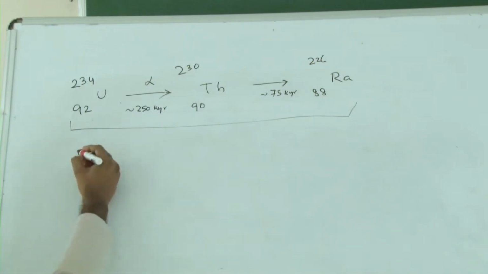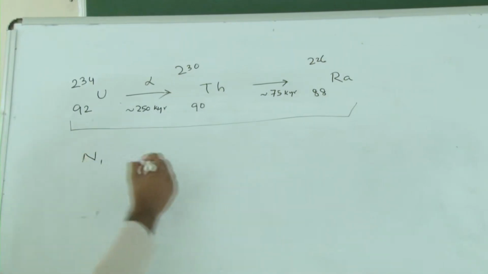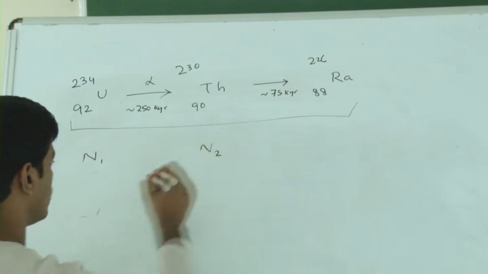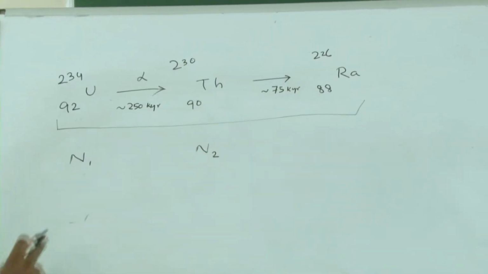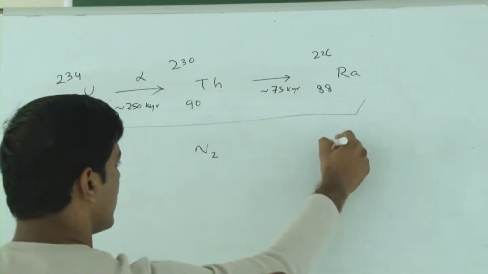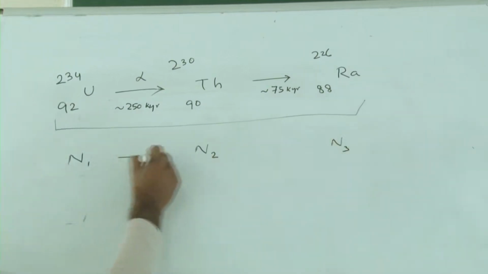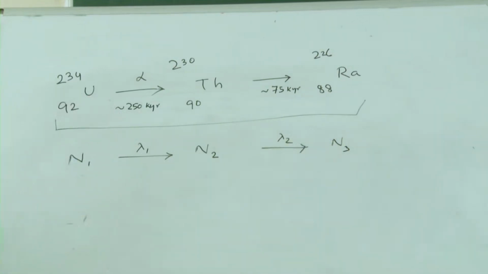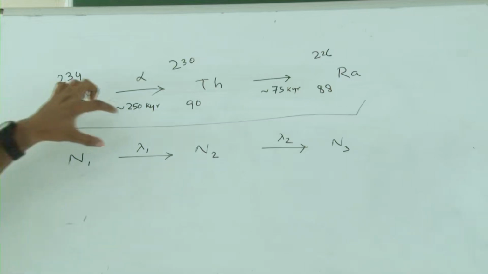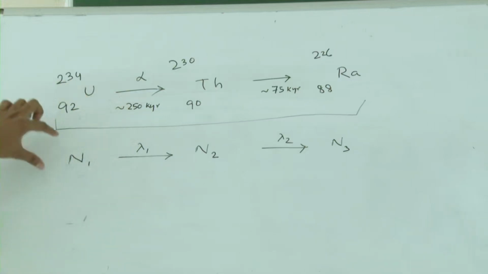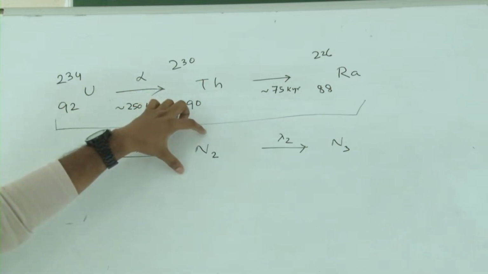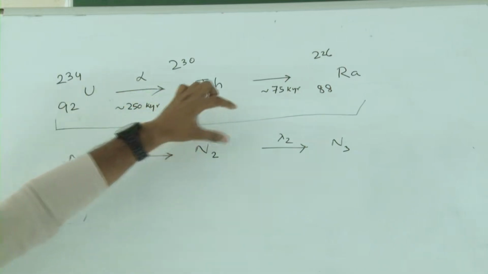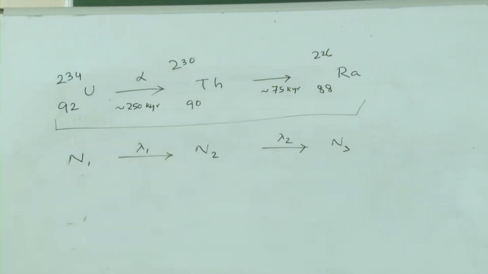Let us say this is N1, this is N2, the number of atoms we will represent as N1, N2, N3 and their corresponding decay constants are lambda 1 and lambda 2. So, there was a parent N1 which has a decay constant of lambda 1 which produces a daughter N2 which itself is radioactive and has a decay constant of lambda 2.